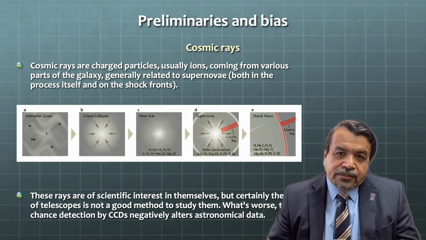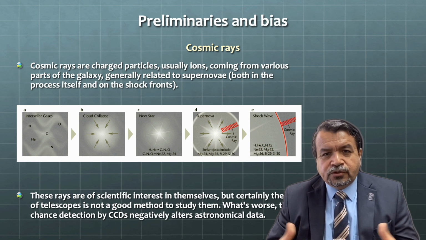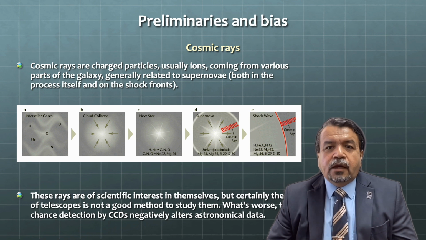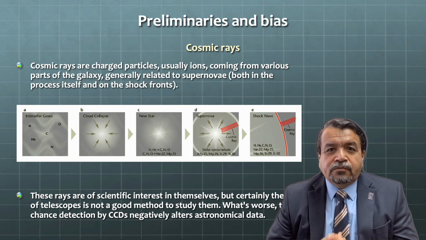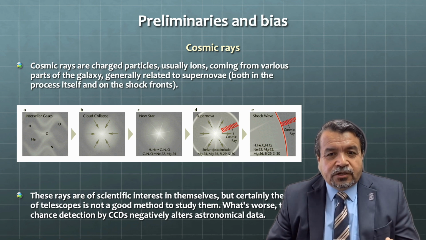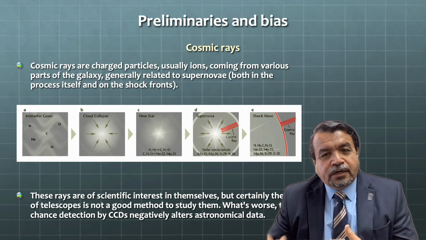Yes, there are scientific disciplines that study the generation, transport, and the effects of cosmic rays on different systems. However, for us, observational astronomers who use detectors like these, based on the photoelectric effect, essentially when a photon falls, certain electric charges are released.